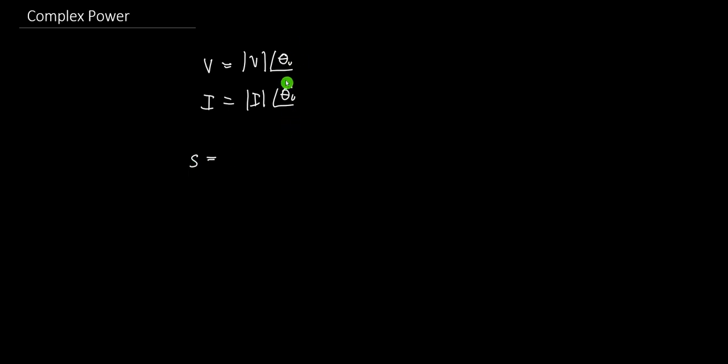So instead of multiplying them directly, we multiply the voltage with the conjugate of the current. The asterisk here means the conjugate of I, meaning we just change the sign of the angle theta I into the negative.